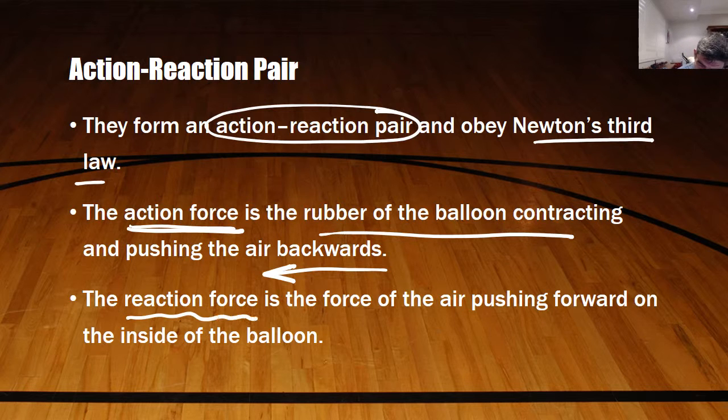Then the reaction force is the force of air pushing forwards on the inside of the balloon. These two forces will be equal. Force action and force reaction will be equal in magnitude, but opposite in direction.